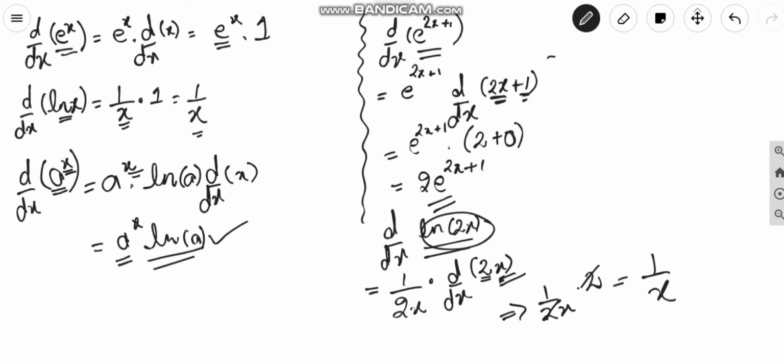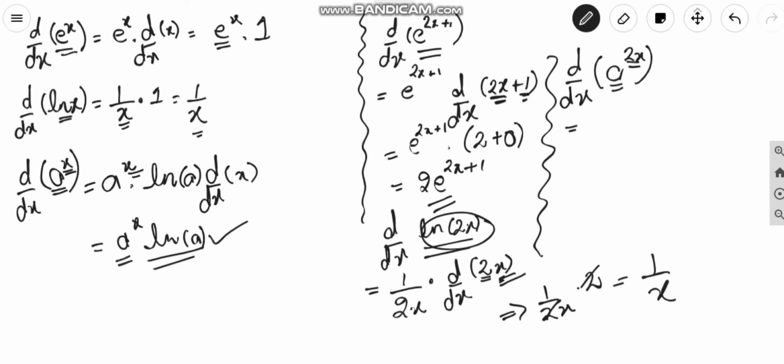Let's consider it also with the help of an example. We want to find out the derivative of a powers 2x, where a is a constant and our power is not a constant.